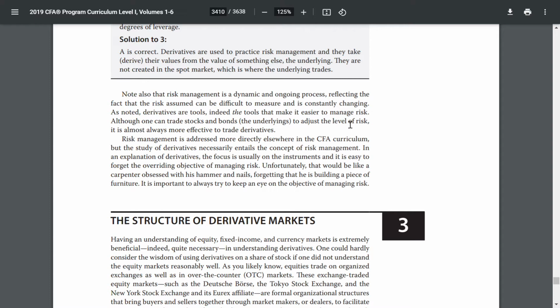In the explanation of derivatives, the focus is usually on the instrument, and it is easy to forget the overriding objective of managing risk. That would be like a carpenter obsessed with his hammer and nails, forgetting that he is building a piece of furniture. It is important to always keep an eye on the objective of managing risk.